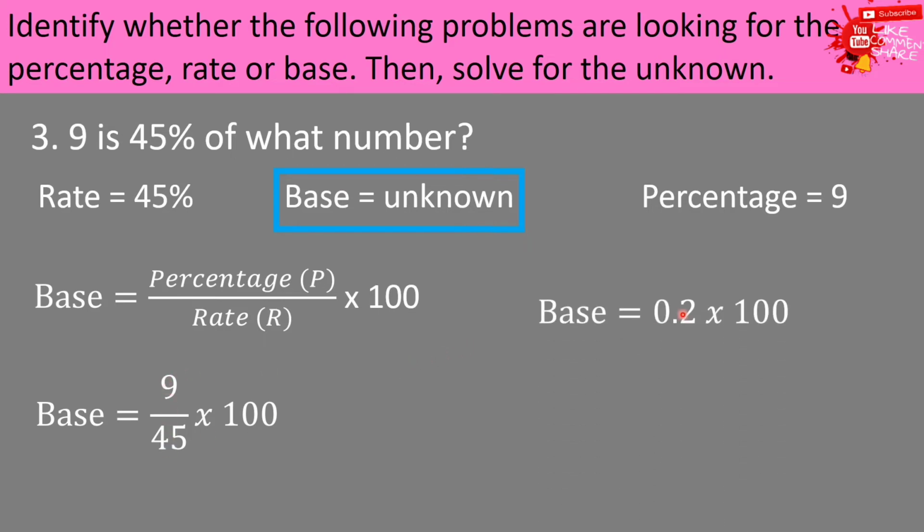So, it is equal to 0.2. So, alam nyo naman kung paano mag-divide ng number. Then, times 100. So, when we multiply 0.2 by 100, so answer will be 20. So, therefore, the value of the base is 20.